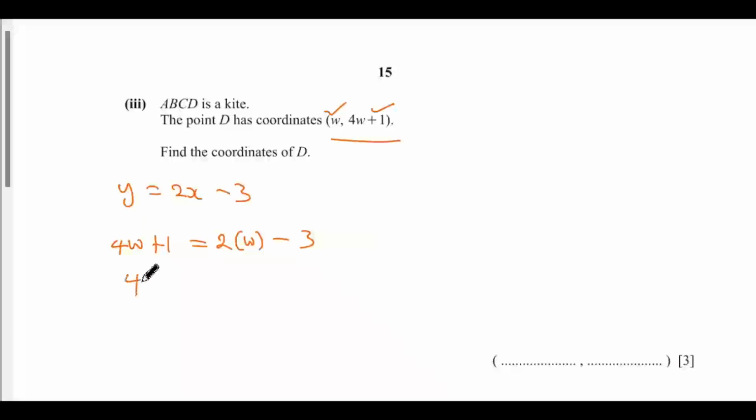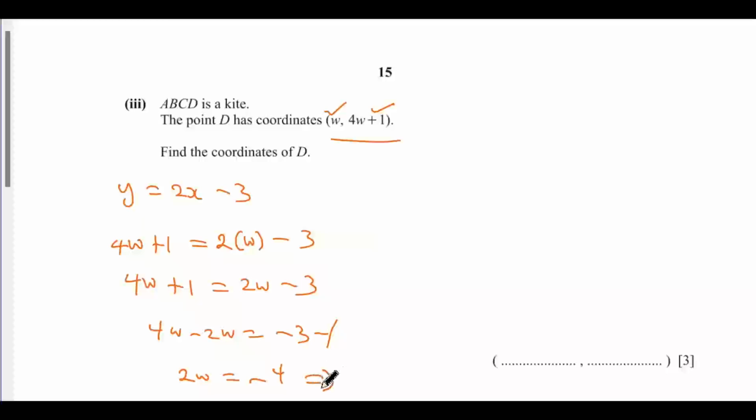So this will be 4w plus 1 equals 2w minus 3. 4w minus 2w equals minus 3 minus 1. We have 2w equals minus 4. That implies that w equals minus 2.